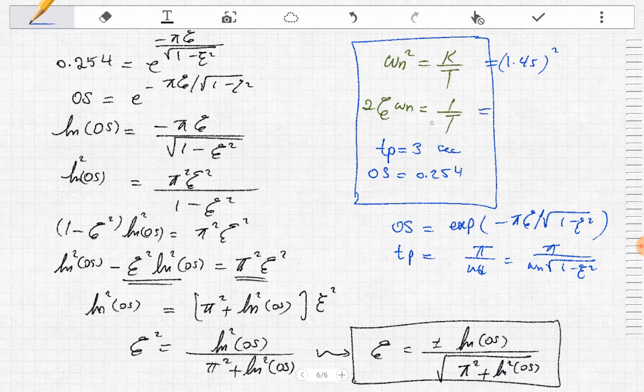And 2 eta omega n equals 1 over T, and so I have 2 eta equal 0.4, right? And omega n is 1.45. So you got 2 equations and 2 unknowns. The first, of course, I'm going to do that one, right? 1 over T, let me take this. This is the equation that I'm going to solve.